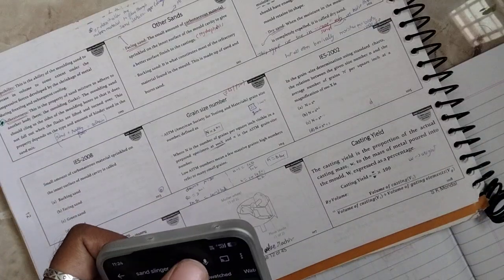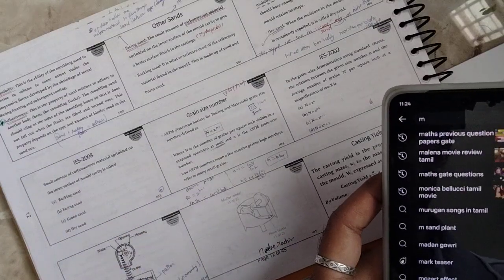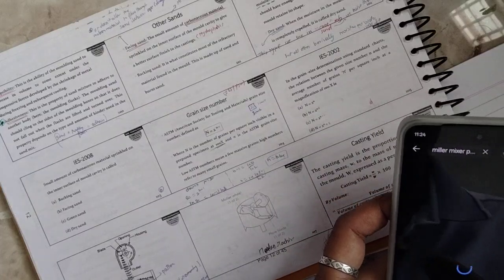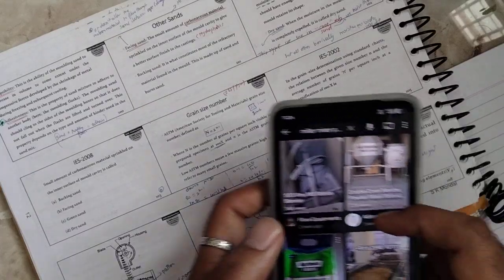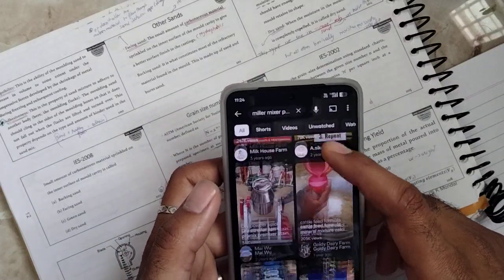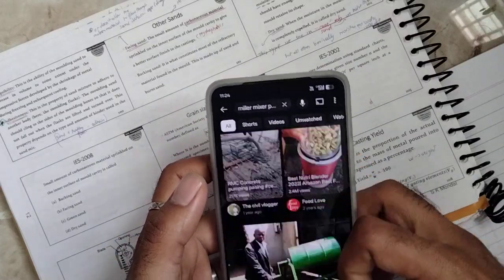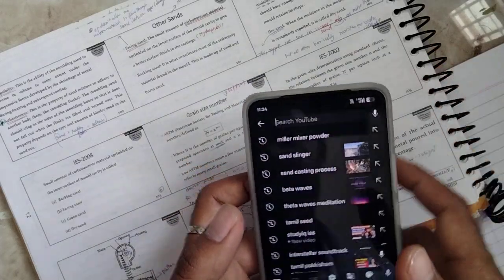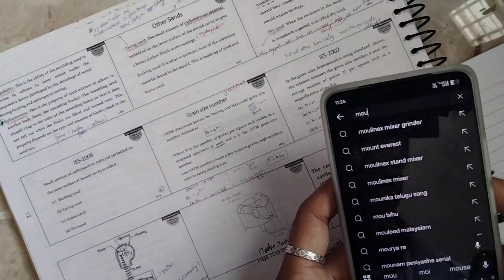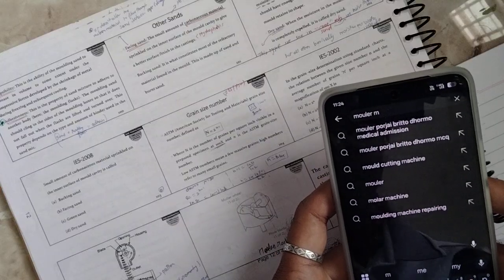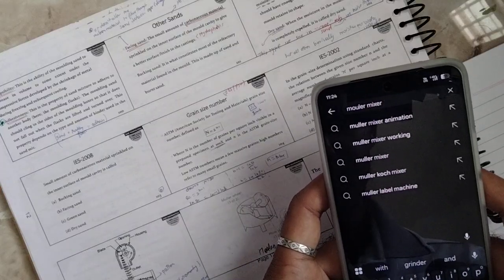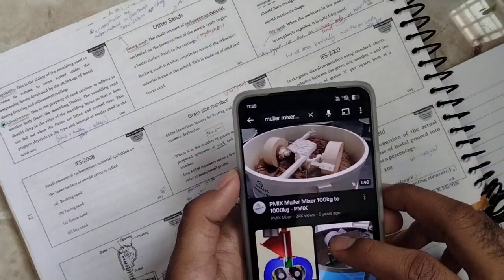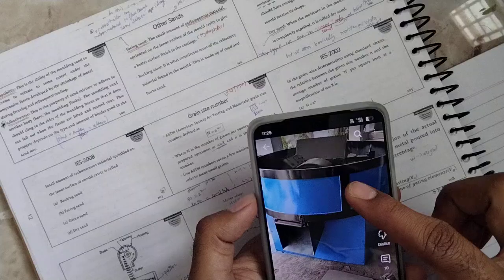The muller machine, I just showed you. You can see it will be like this, and we will pour the sand and any other kind of material into it.